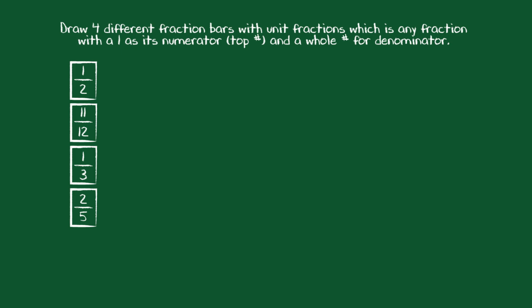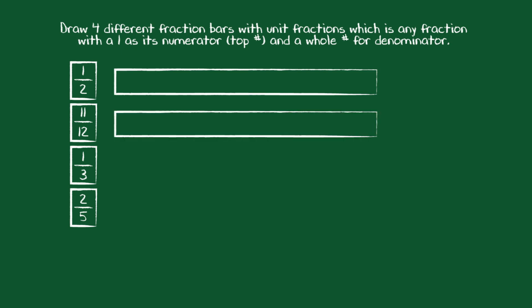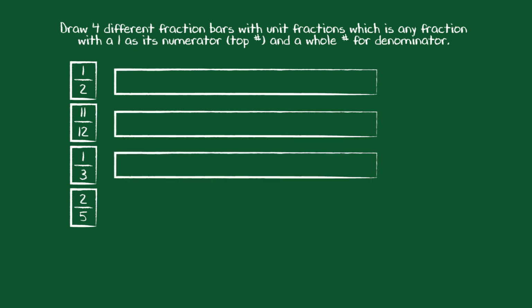For example, trace 5 inches across in the middle of the paper and 1 inch down. Close the rectangle. Because you have 4 different fractions, you need 4 different fraction bars. 1, 2, 3, 4.